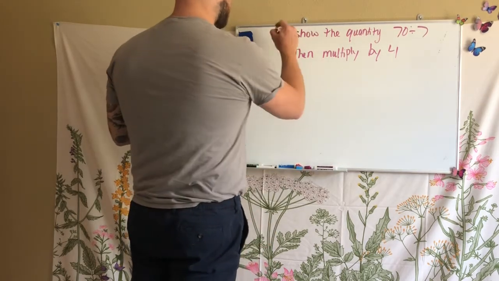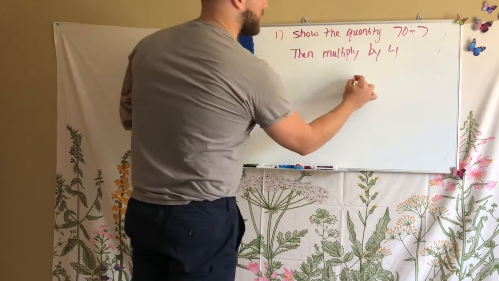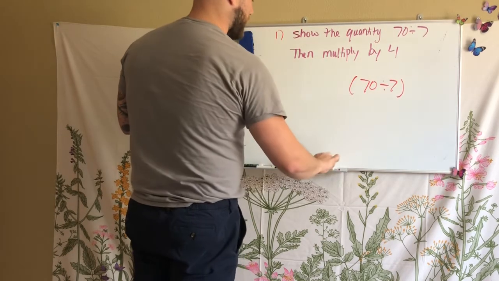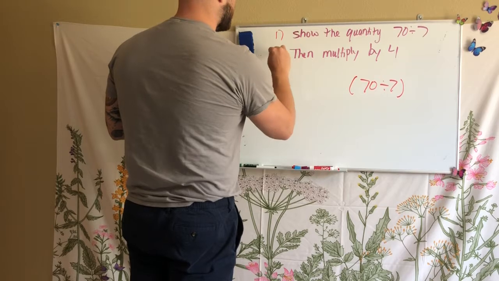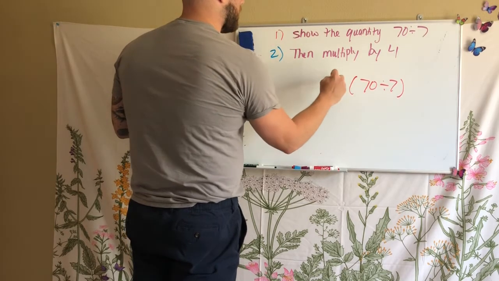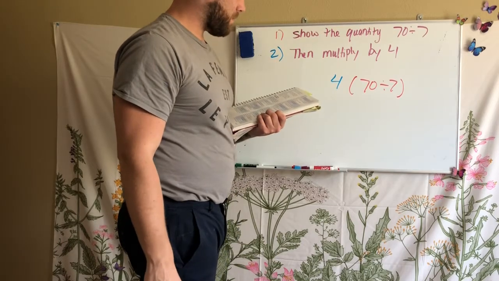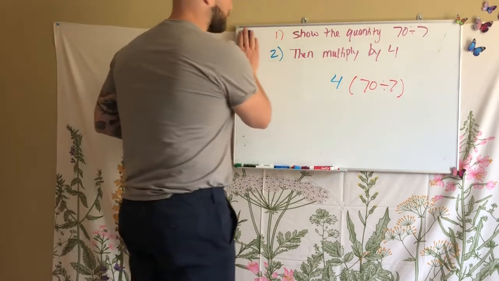So step 1, show this. So in parentheses, it'll be 70 divided by 7. And on the outside, step 2, multiply by 4, sorry. All right.